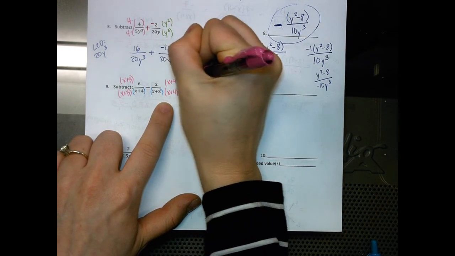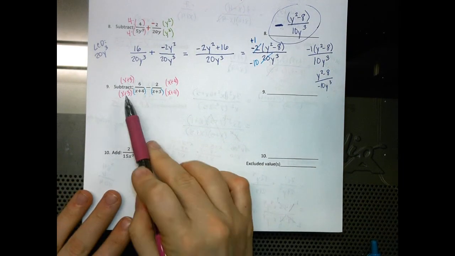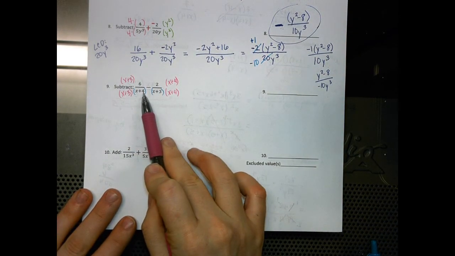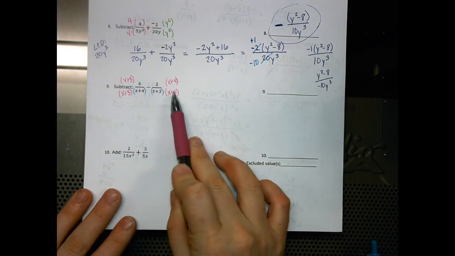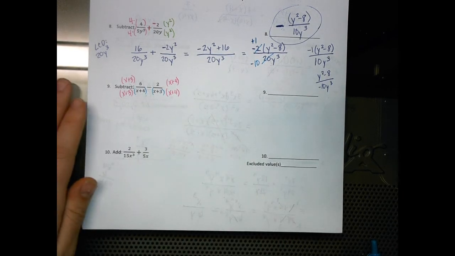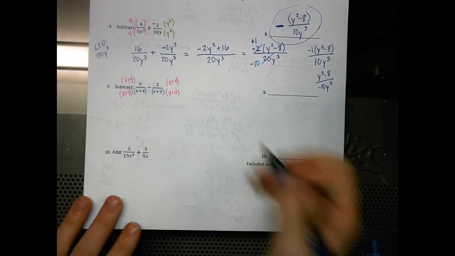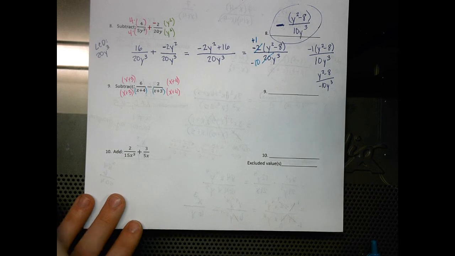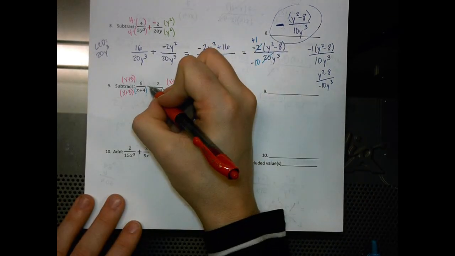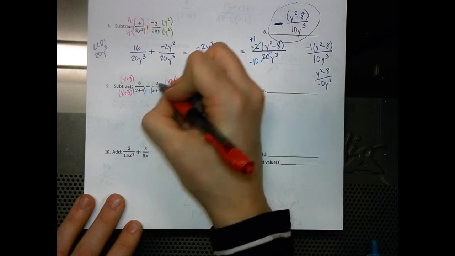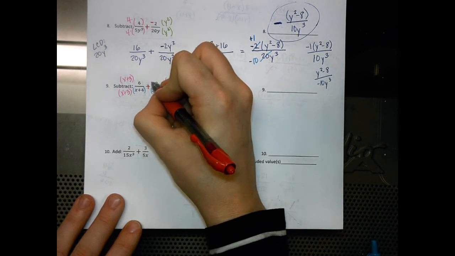Then my denominators are the same. X plus 3 times x plus 4 is the same as x plus 3 times x plus 4. Don't forget, with subtraction, we're going to add the opposite.